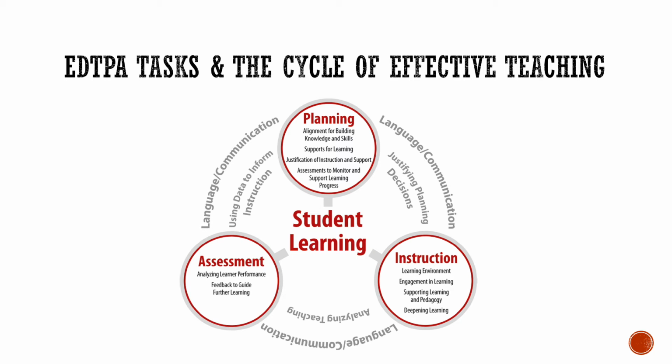For each opportunity that you have to teach, we have asked that you plan in advance, and after you teach your lesson, you reflect on that learner performance data and analyze it to make instructional decisions for your next lesson. This process is what you will also do for the edTPA, but for a learning segment over the course of 5 lessons.